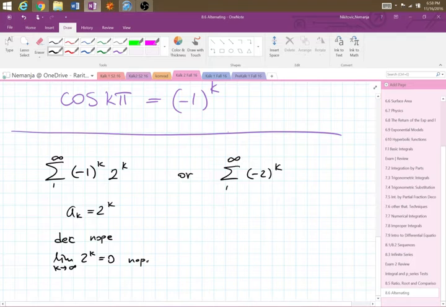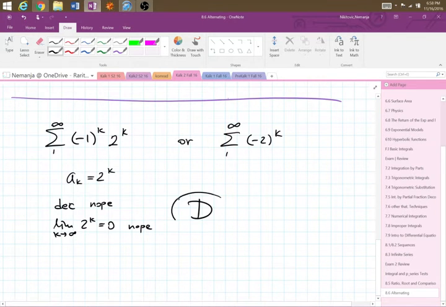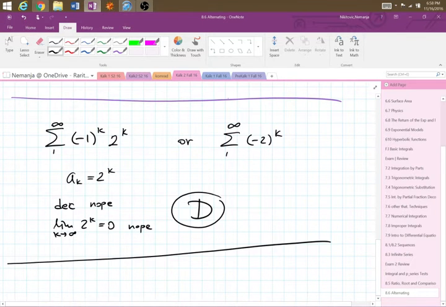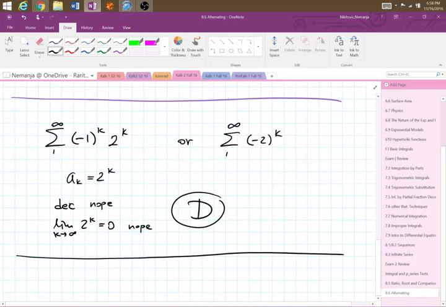Nope. So it diverges. We're done, right? I mean, divergence test kills this right away. So this is one of those divergent problems, and both conditions failed. Therefore, it's on the divergent side. We're done with this problem.